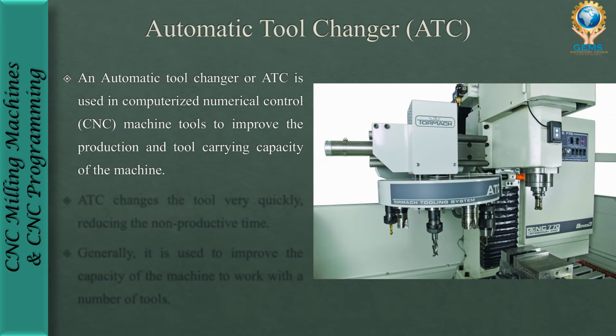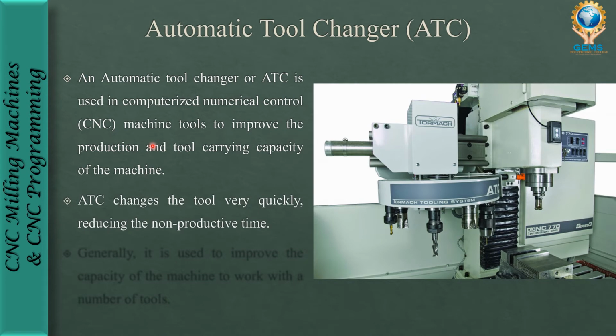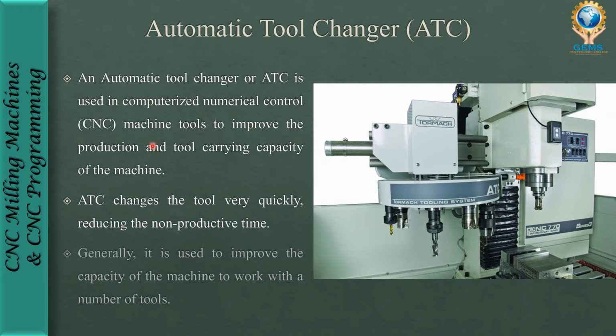An automatic tool changer, or ATC, is used in computerized numerical control or CNC machine tools to improve the production and tool carrying capacity of the machine. Automatic tool changer changes the tool very quickly and reduces the non-productive time. Generally it is used to improve the capacity of the machine to work with a number of tools.